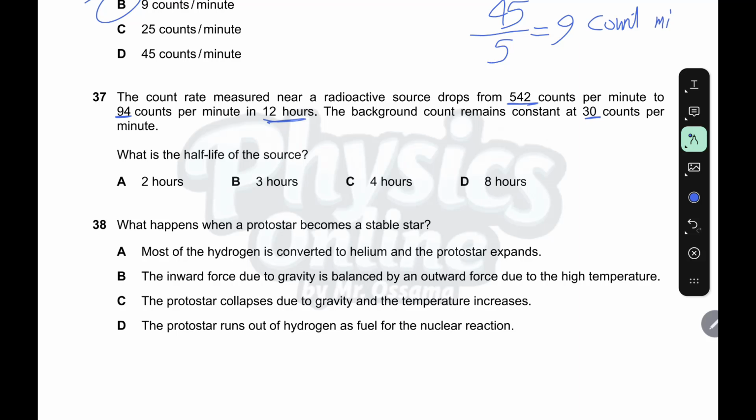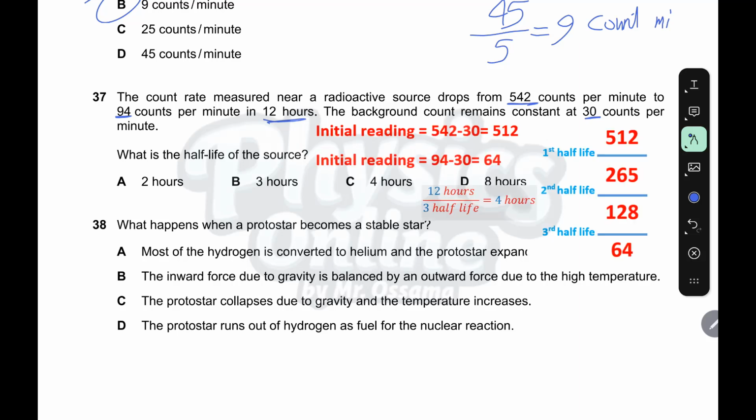Let's take the initial reading, 542, and subtract the background radiation, 30, which equals 494. Then we take the final reading, 94 minus 30, equals 64.